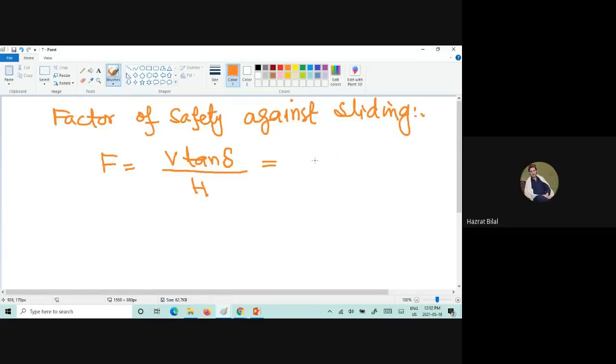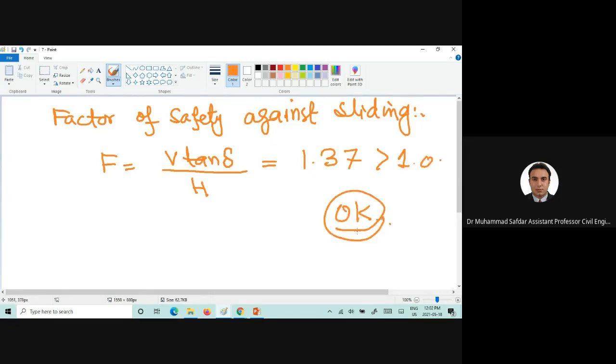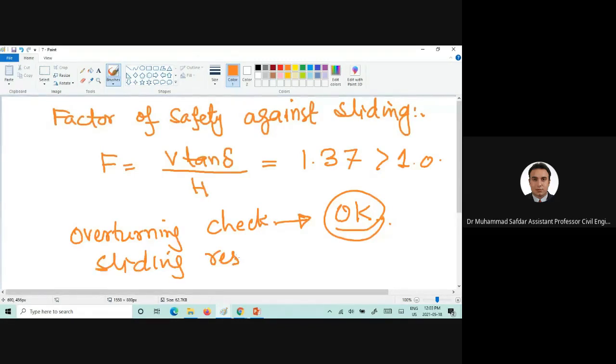Yes. 1.37, sir. 1.37, which is greater than 1. So that check is also okay. Now, both the overturning check was okay, and the sliding resistance check is also okay.